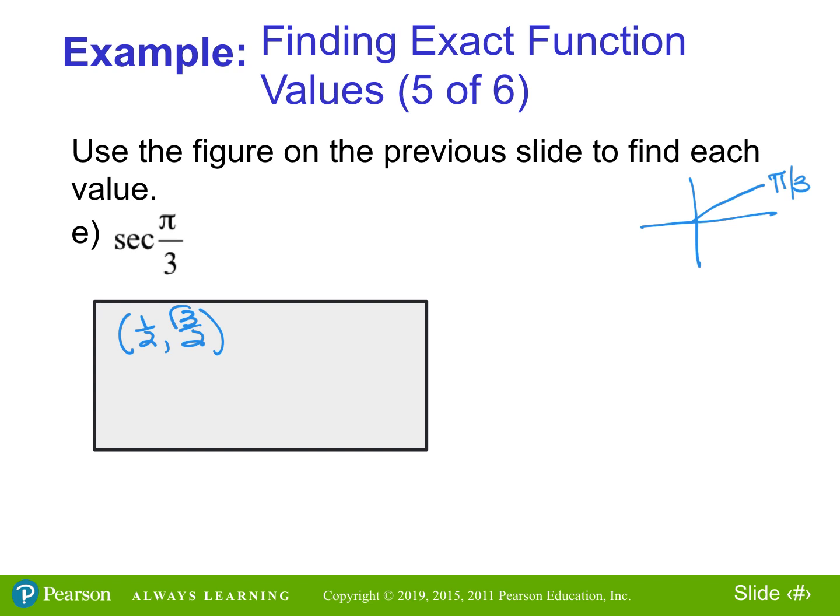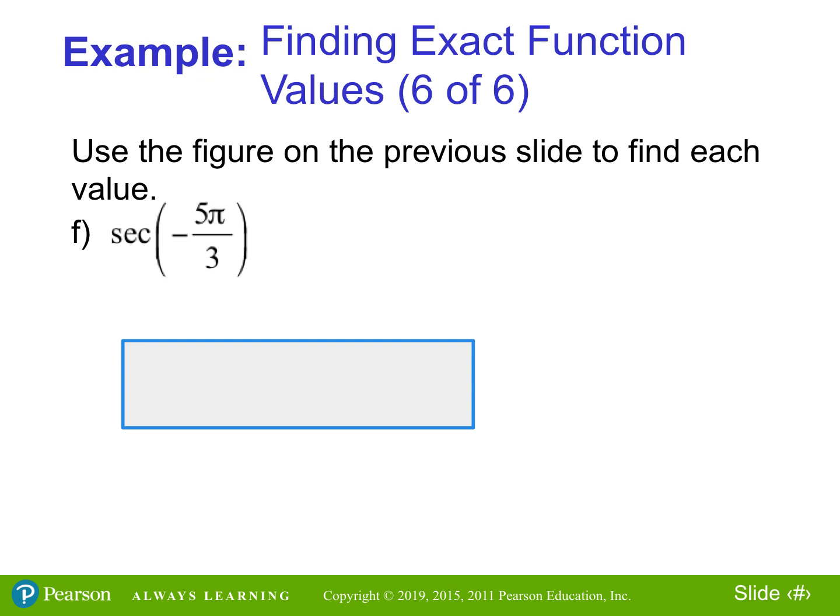Both of them happen to be positive because we are in that first quadrant. Secant is really equal to 1 over the cosine of pi over 3. Cosine is my x value, so I end up with 1 over 1/2, which gives me 2. So the secant of pi over 3 is going to give me a positive 2.